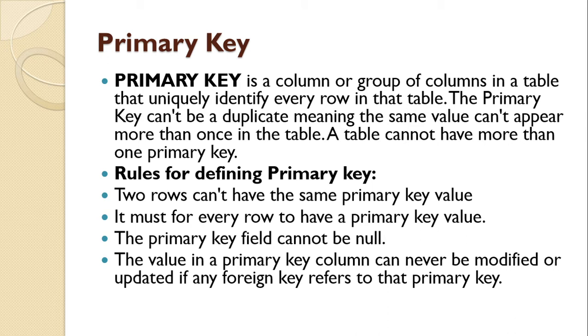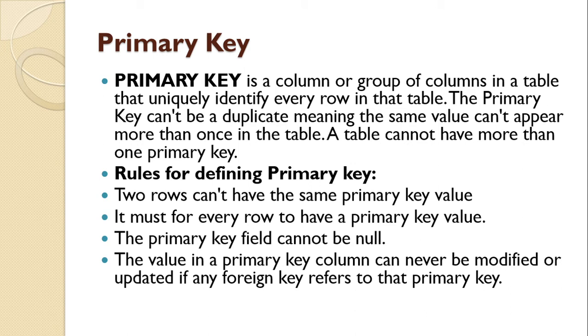Okay, so we can say that primary key is the column which is used to uniquely identify a particular tuple in a relation, and in the same manner we can create the roll number as a primary key because it contains the unique value, and it alone is sufficient to uniquely identify a particular student in a class.